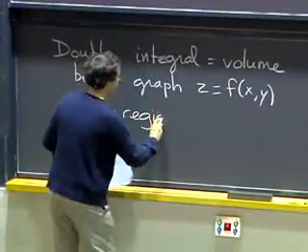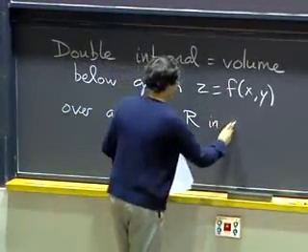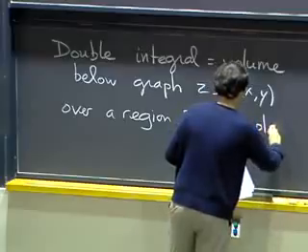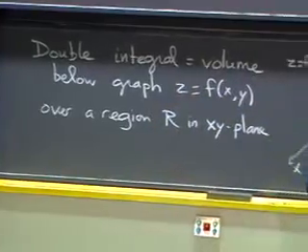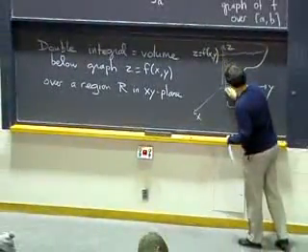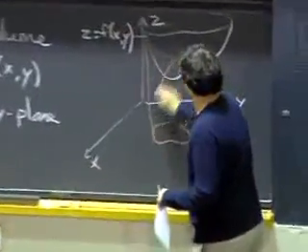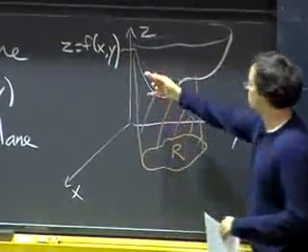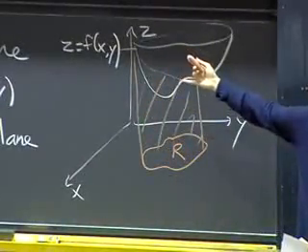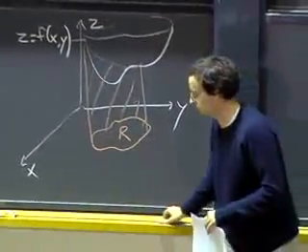I look at the piece of the graph that is above this region R, and we'll try to compute the volume of this solid here. That's what the double integral will measure.